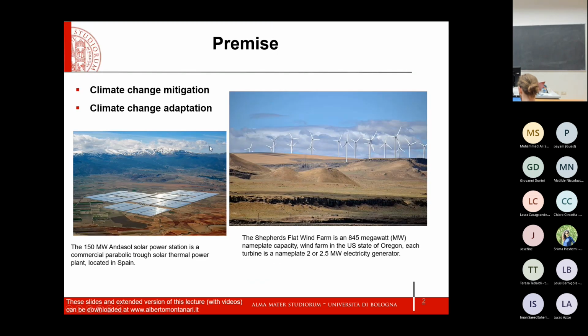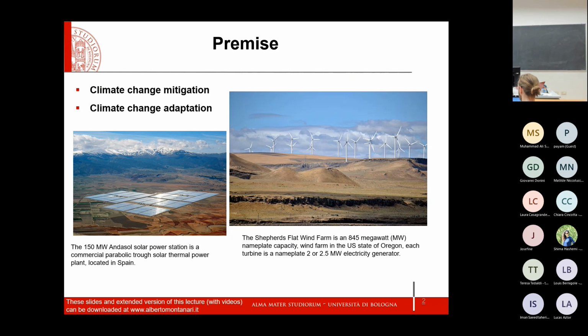Design of climate change adaptation action. We already know the difference between climate change mitigation and climate change adaptation. We already discussed it. And it's important to know that any adaptation measure implies an impact.